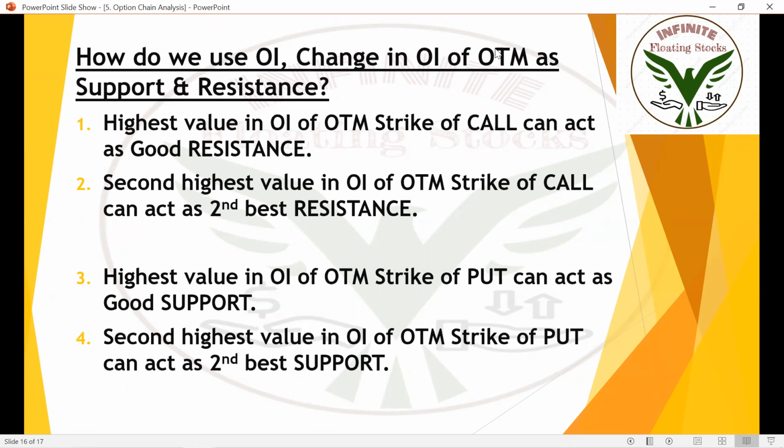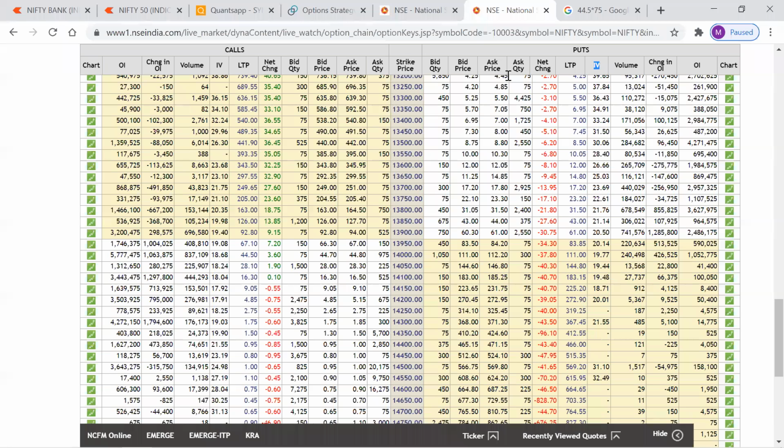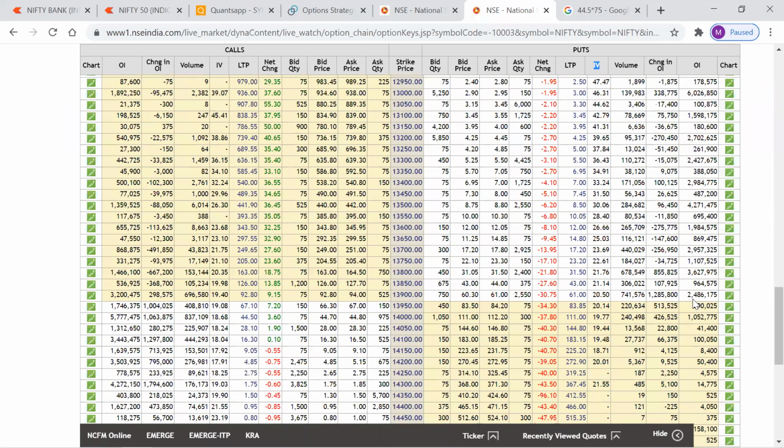OTM is nothing but out of the money, which is the white field in the table. Now see, here we have 24 lakh orders, and here 36 lakh orders. What's the highest here? 42 lakh orders is the highest, but it's very far from the current market price.